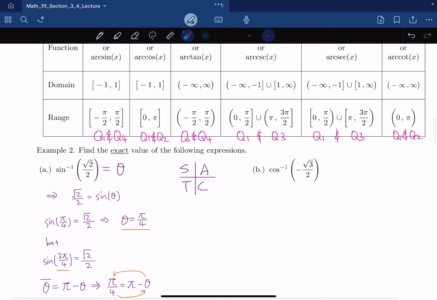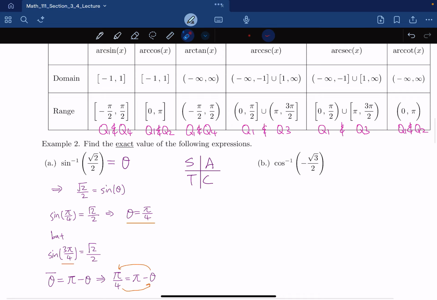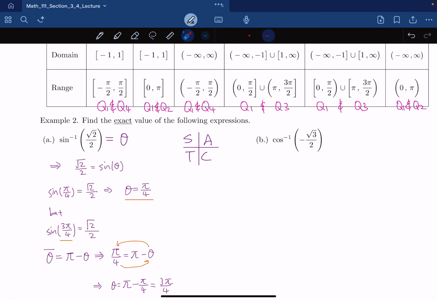Well, we know that the range of the sine inverse function is from negative pi over 2 to pi over 2, which again is in quadrant 1 and quadrant 4. So all you're really asking yourself is which one of these comes from quadrant 1 or quadrant 4? Well, this one came from quadrant 1, this one came from quadrant 2, so therefore this is the answer.